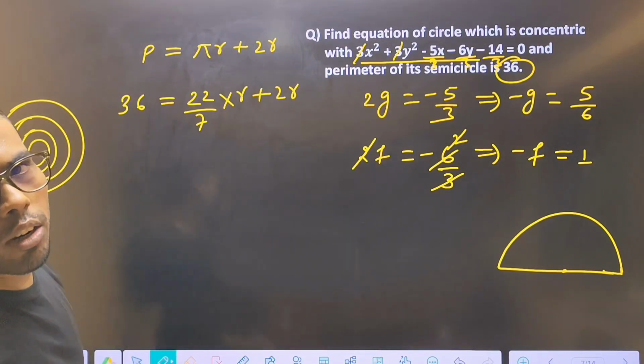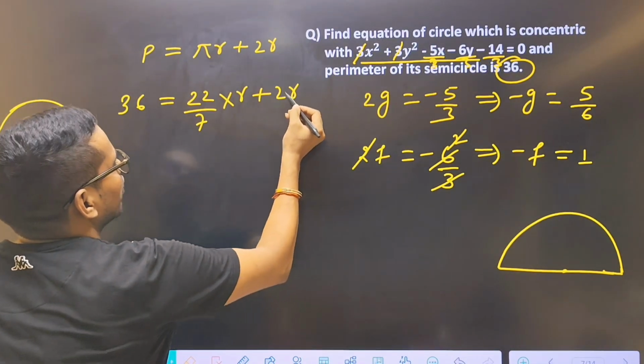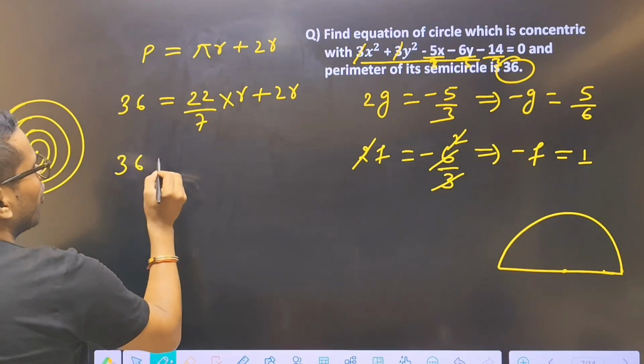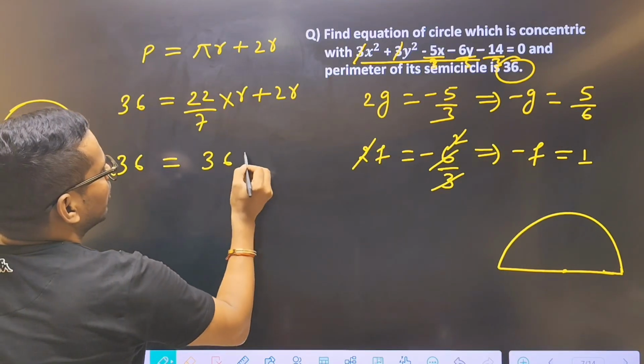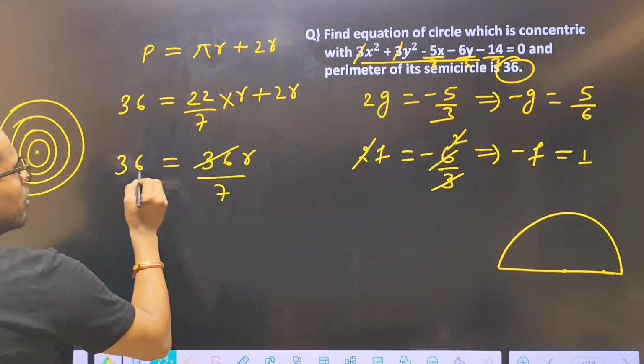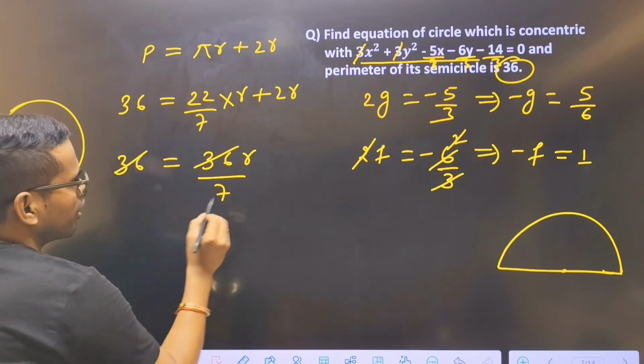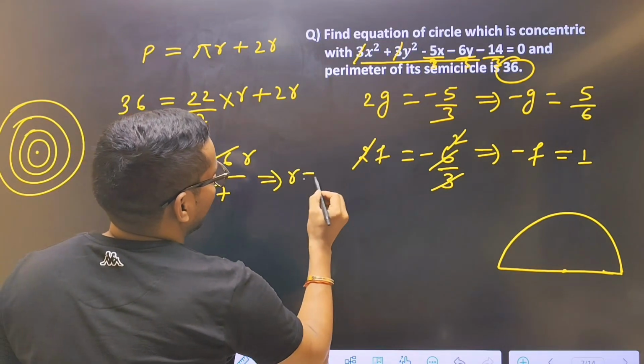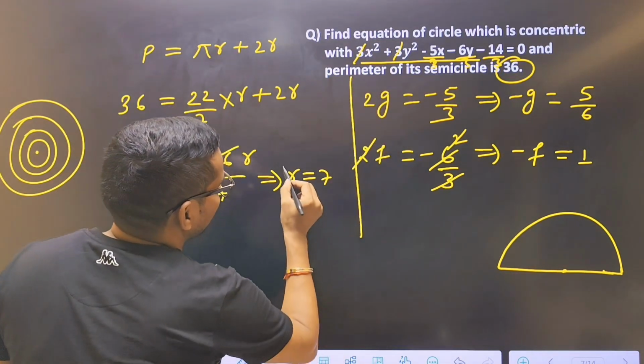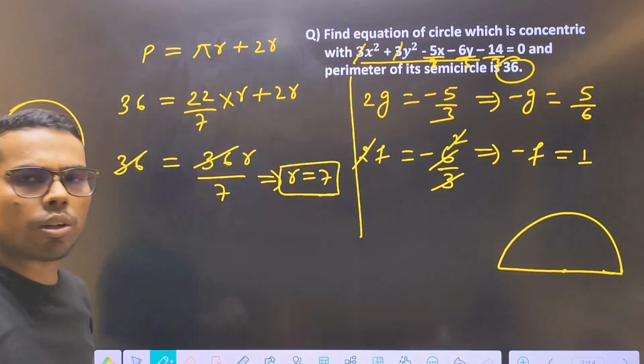Now we can take r common: 14 plus 22, that is 36r upon 7. 36 cancels out, and we get r is equal to 7.